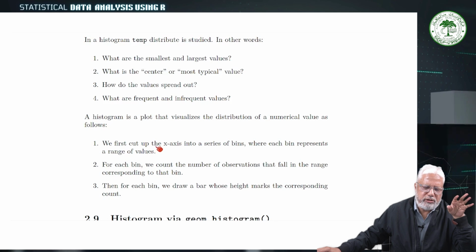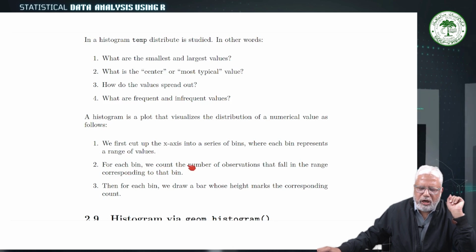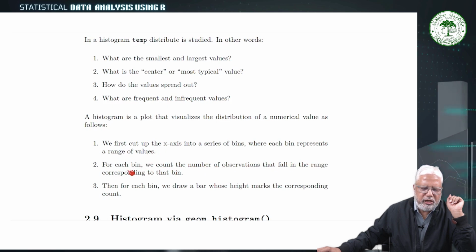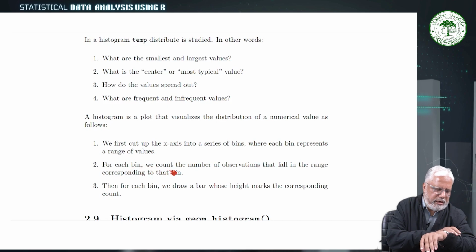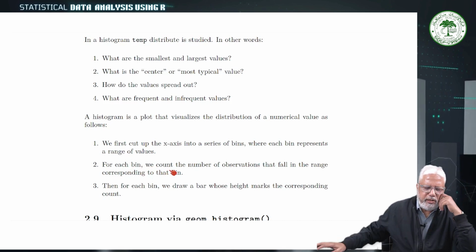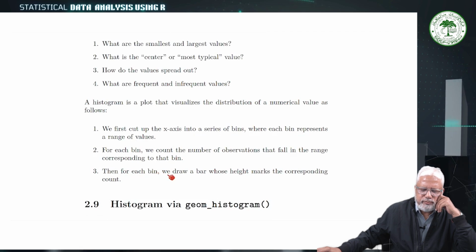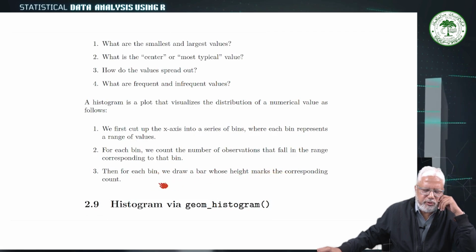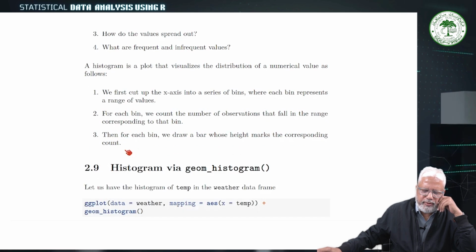So, this is the first step. Second step, for each bin we count the number of observations that fall in the range corresponding to that bin. Then for each bin we draw a bar whose height marks the corresponding count. So, these are the basics of a histogram.